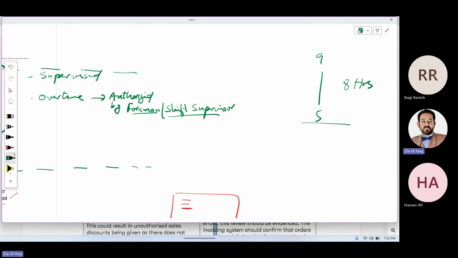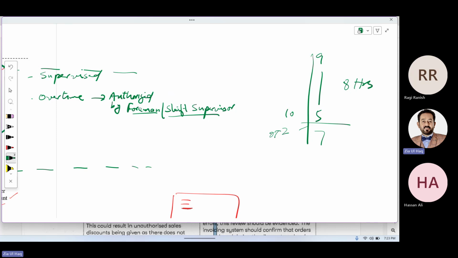In the canteen, there was a match on the screen. He enjoyed the match for 2 hours, and at 7 o'clock, he performed clock out. Now the system has recorded 9 to 7, meaning 10 hours. Has he done these extra 2 hours of overtime for the company? No.